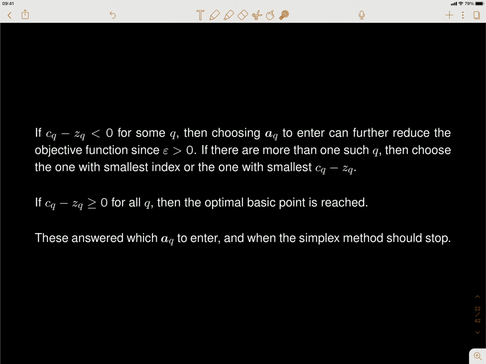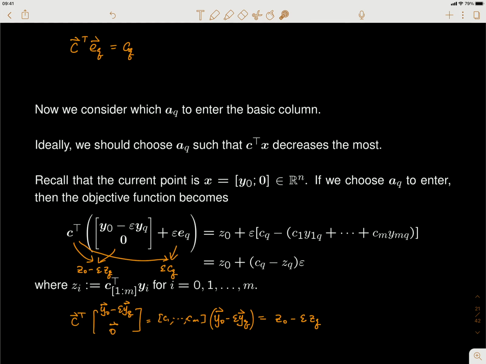Okay, so this is what I said. If cq minus zq is smaller than 0, negative for some q, for example cn minus zn is a negative number, then by choosing an as a new basic column, we will potentially get a smaller function value, because this is negative, this is positive, so z0 plus this negative number will be smaller than z0 itself.